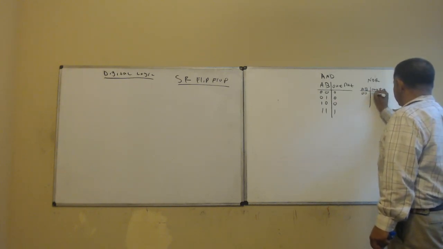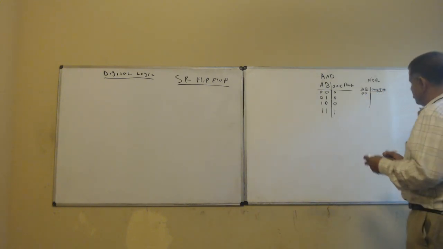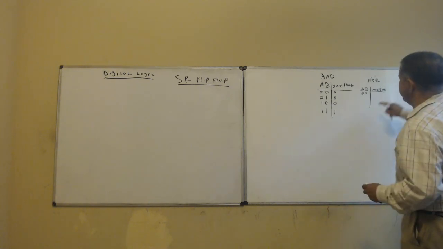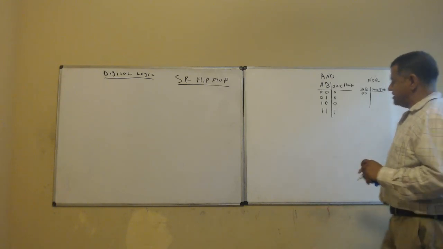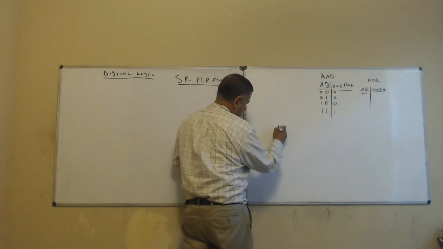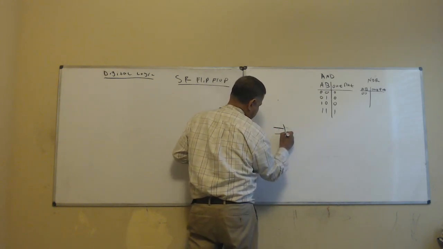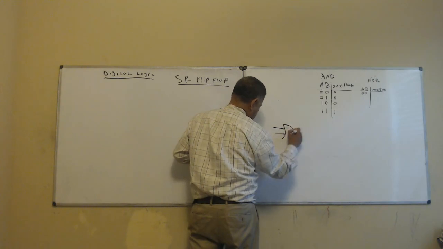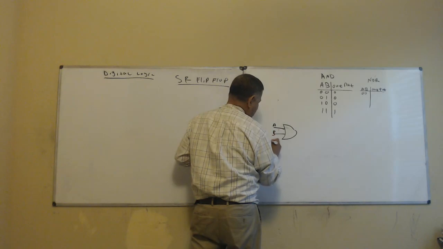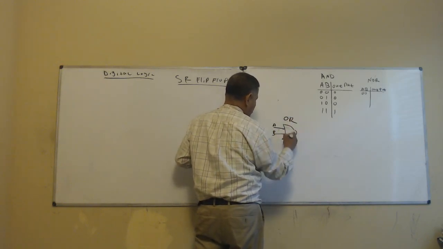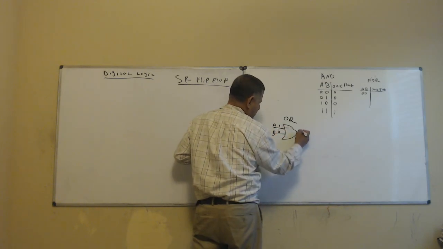This is the tricky part, because I'm saying not or, which means that in a regular OR gate, A, B, if this is 1, this is 0, the output is going to be 1.